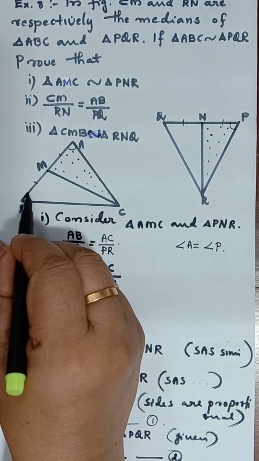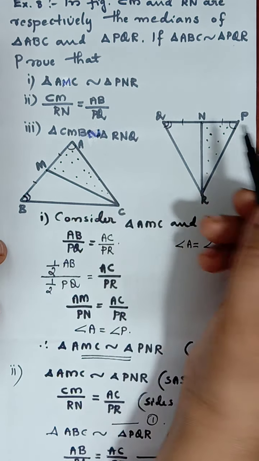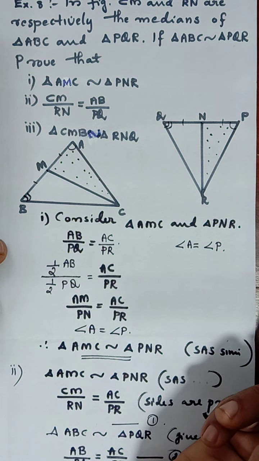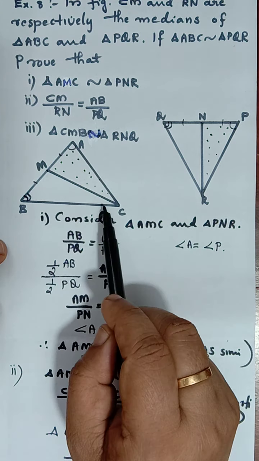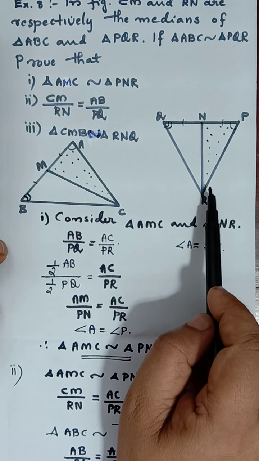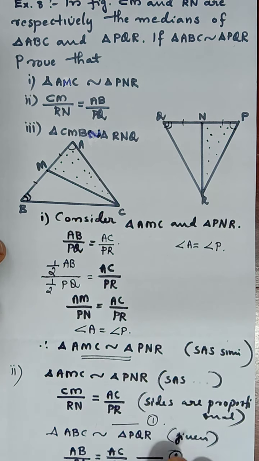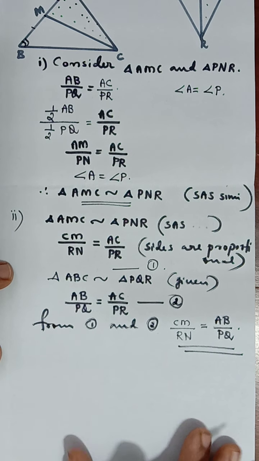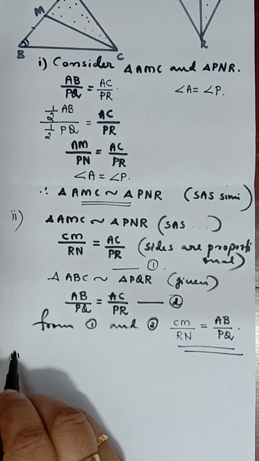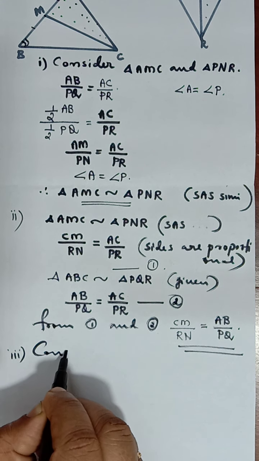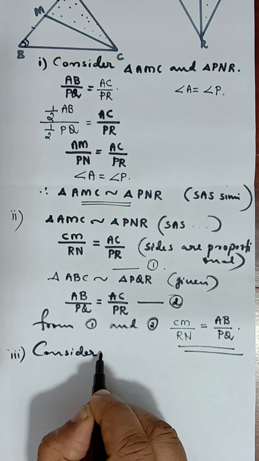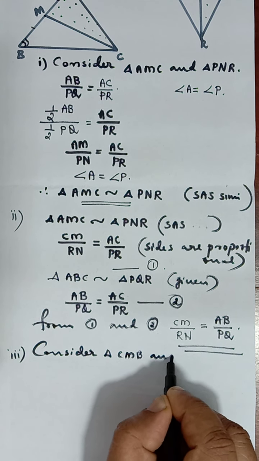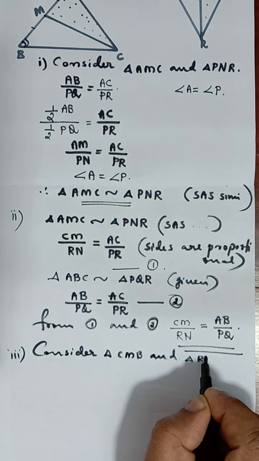Also, angle B equal to angle Q. So, isn't it SAS similarity criterion by which these two triangles CMB similar to RNQ? That is the point to be written. So, we have to write: consider, for the third one, as they have given, triangle CMB and triangle RNQ.